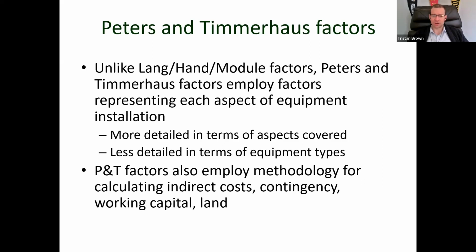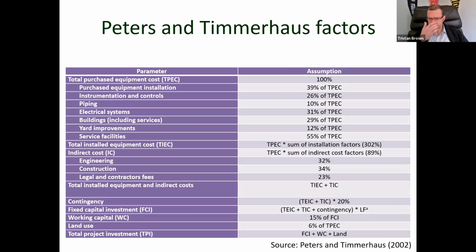So the Peters and Timmerhouse factors also employ methodologies for calculating indirect cost, contingency, working capital, and even land. So more comprehensive in terms of what's going into your assessment in that regard. This is a classic example of Peters and Timmerhouse factors. Some differences, right? So this is what the national labs have been using for over a decade now.